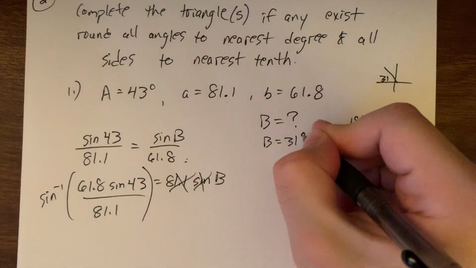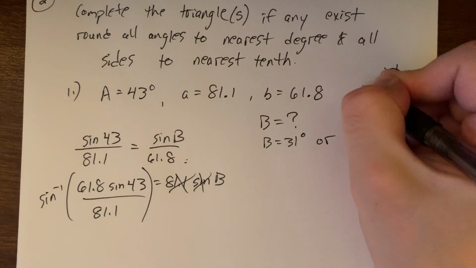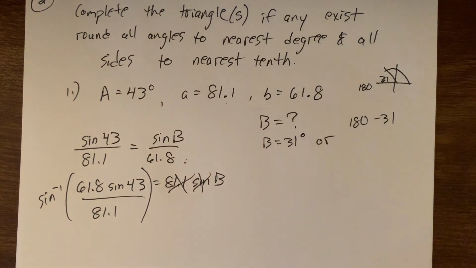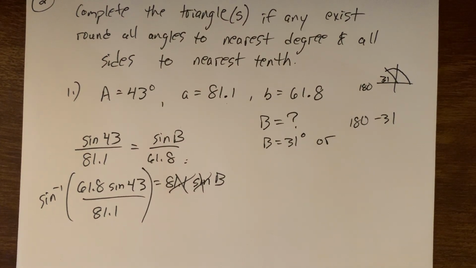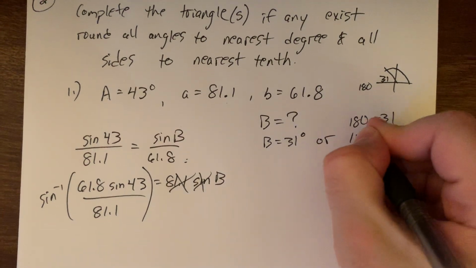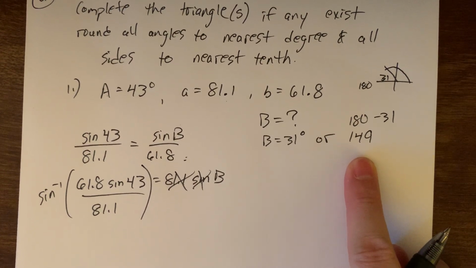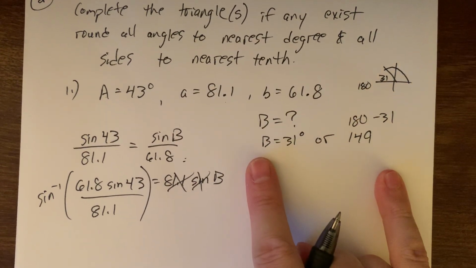With this as its reference angle, this second quadrant angle will always be 180 minus the reference angle. So if I do that here, I get 149 degrees. And now it feels like I have the 2 triangles.